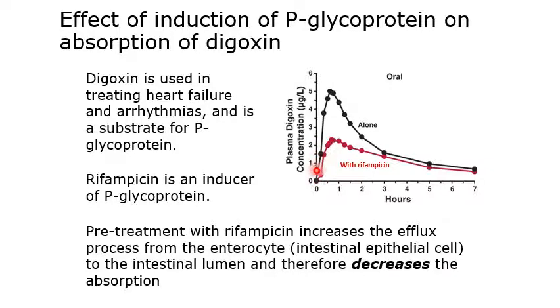Therefore, this will lead to a much higher plasma concentration time curve and area under the curve following administration of digoxin. As you know, digoxin is a low therapeutic index drug, and a minimal change in the plasma concentration might hit the toxic concentration and cause a lethal effect.